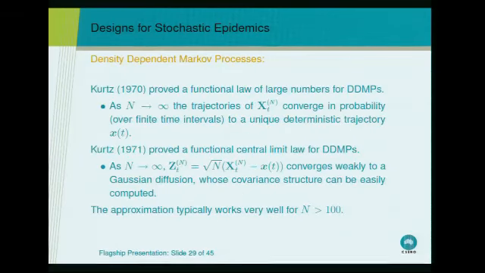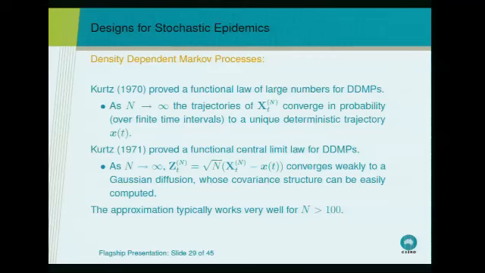And we rely on two theorems that were proved by Thomas Kurtz in 1970 and 1971. He proved a functional law of large numbers for density-dependent Markov processes that states that as our system size grows, so as N, big N, goes to infinity, the trajectories of the density process converge in probability over finite time intervals to a unique deterministic trajectory, little x of t.